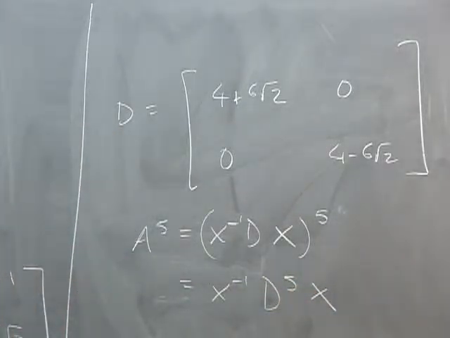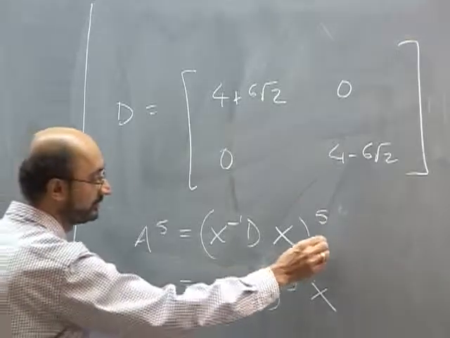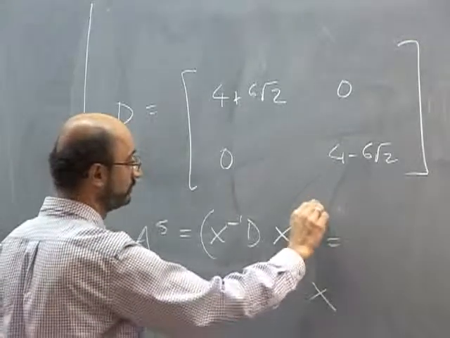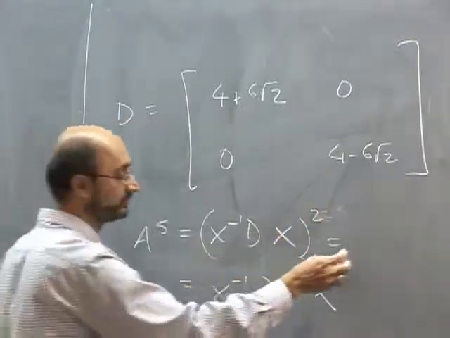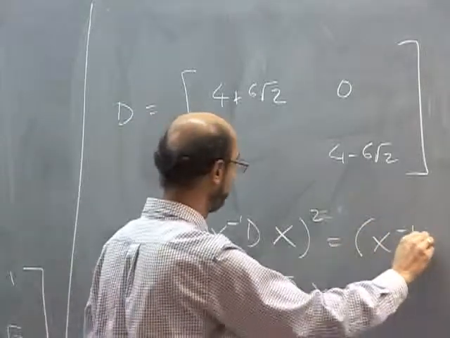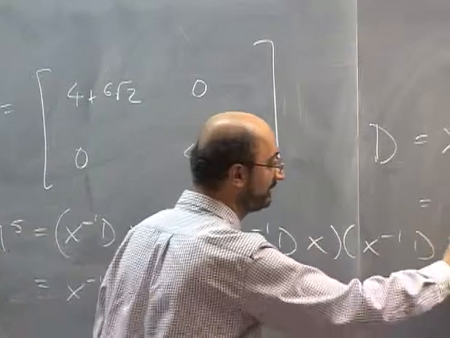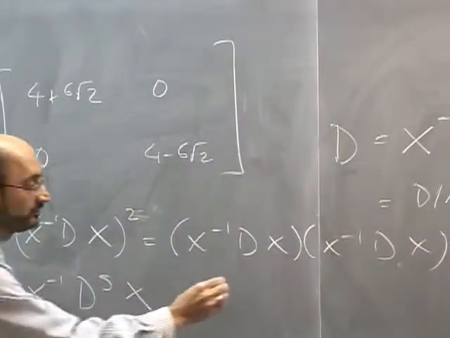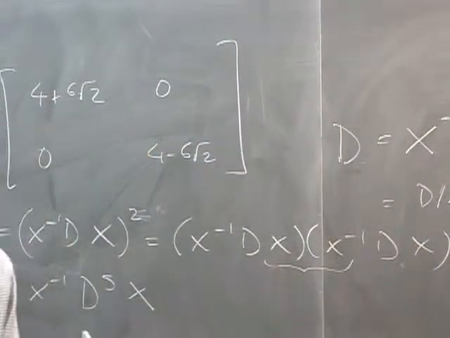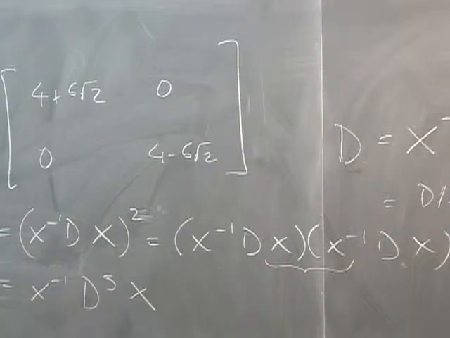Because the way this works out is that, how do we do this? Let's just say to the power 2, x inverse D x to the power 2 is going to be what? x inverse D x, x inverse D x, okay? And then these two cancel out because it's just I, so we get x inverse D squared x.